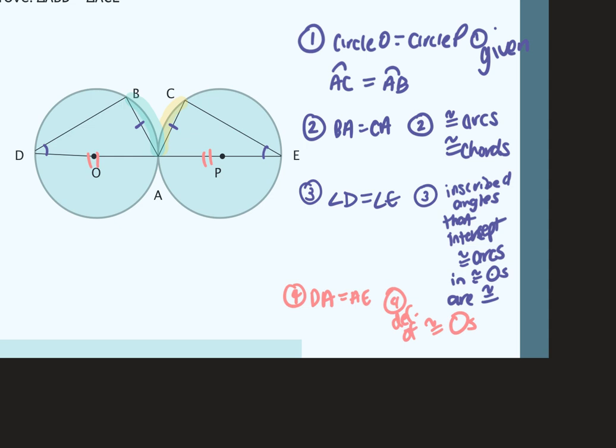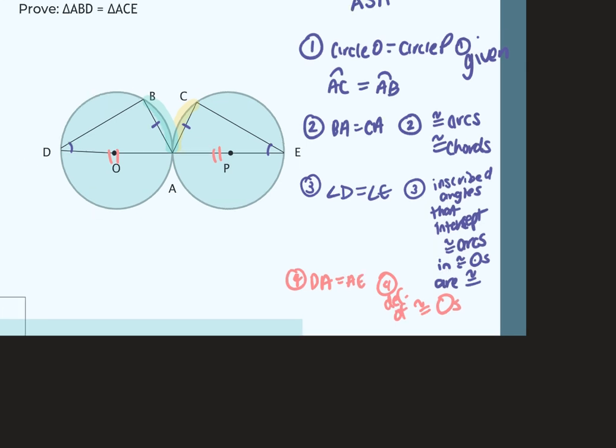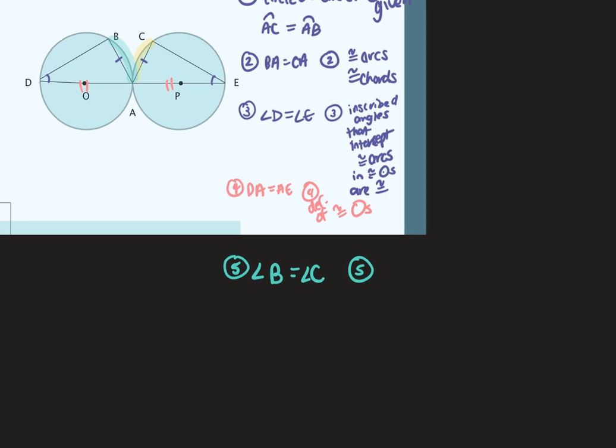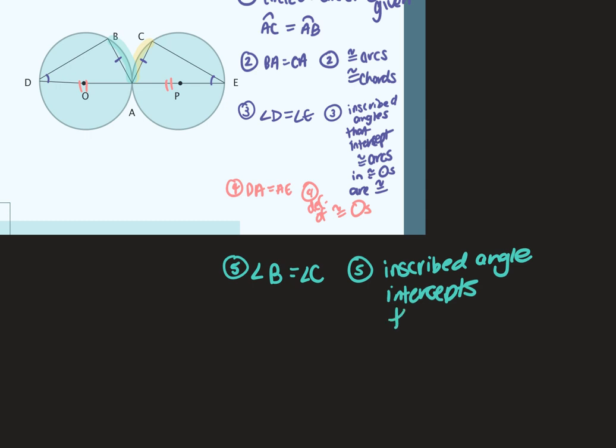Can't we say the hypotenuse is opposite the right angle? You're very close. So angle B is equal to angle C, because the inscribed angle intercepts the diameter.